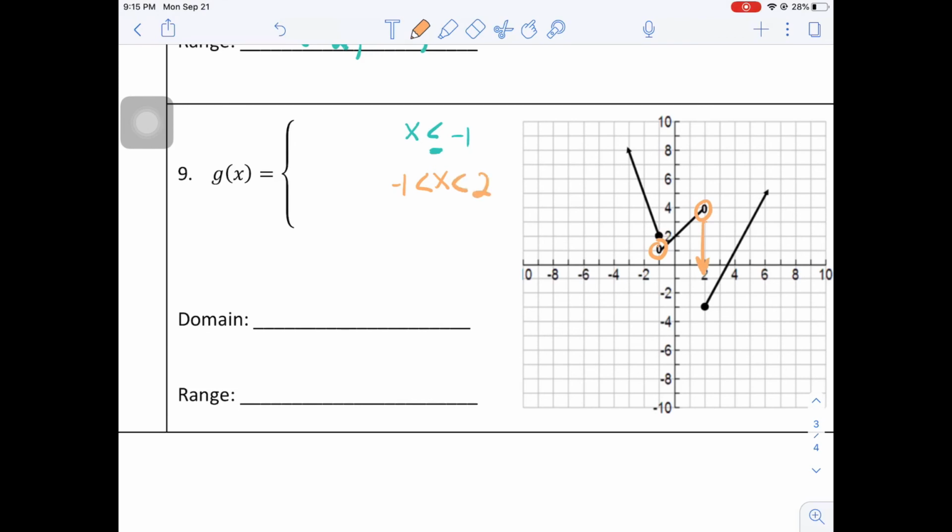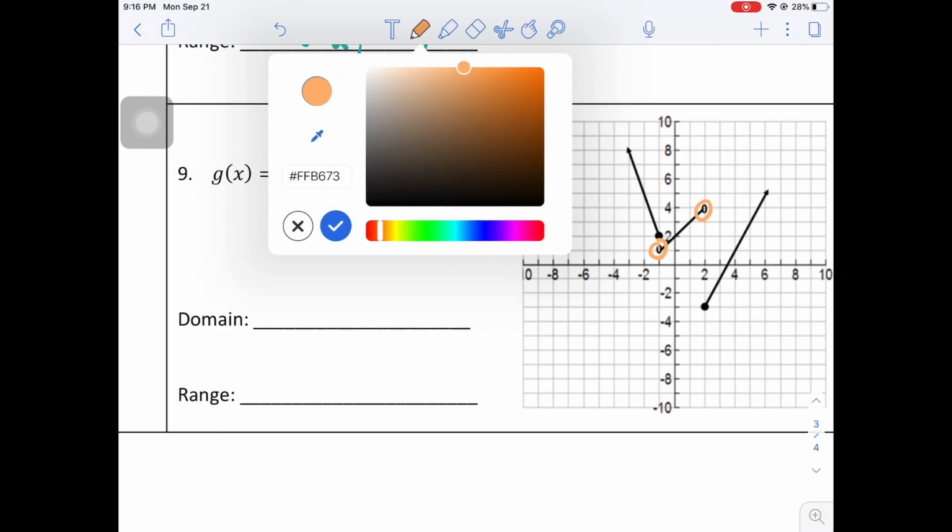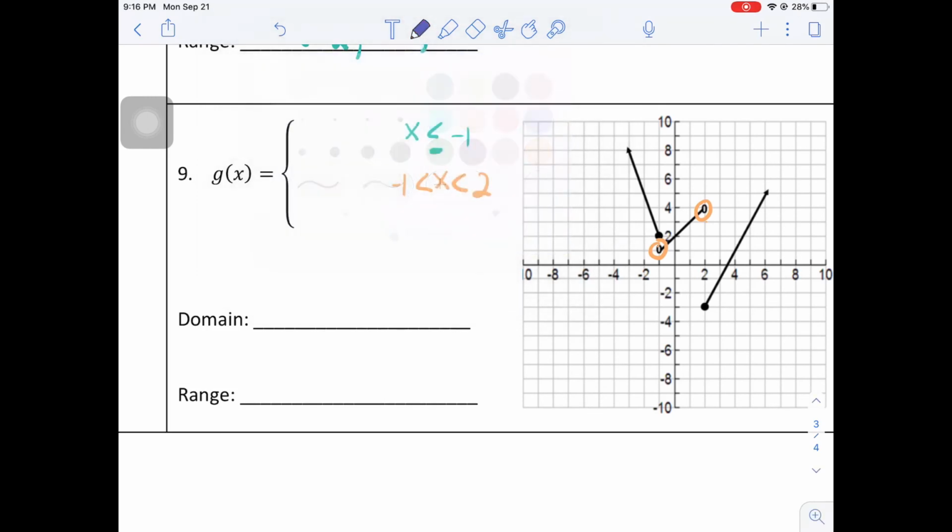So x is less than positive 2. So that's our and interval there. And then the last section here, the last section of this is when our x is greater than or equal to 2. So those are the 3 separate parts of this graph.